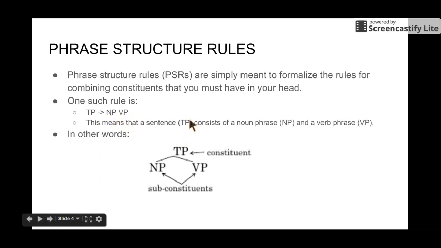So this means that TP is made up of these two elements, the nominal phrase and the verb phrase. In the tree structure, we'll have this. TP consists of NP and VP, and these two would be the sub-constituents. And TP itself, two things combined together, is another constituent.